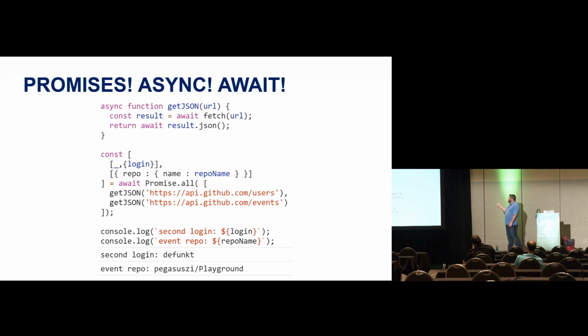So I'm grabbing that name property, but for my purposes, I want to give that a different variable name. So I'm changing the name of the name property to be repoName when it becomes a variable. And then I'm able to log out second login and event repo. At the time I ran this code, that's what I got. Every time I run this code, I'll get different results because the events stream is always happening.